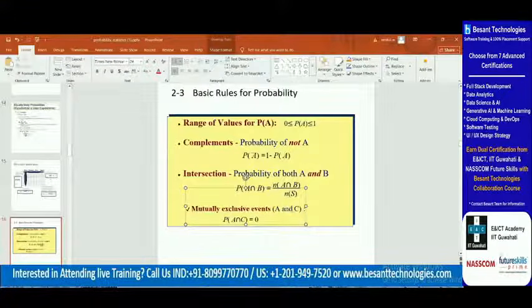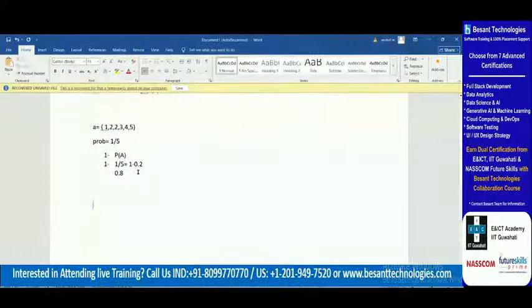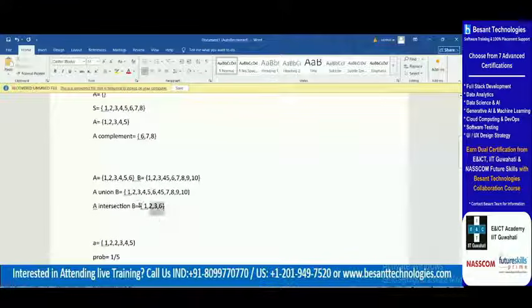We already performed this intersection. If I ask you for the probability, you have to denote it between 0 and 1. Now I can count the total number of things in the intersection, which is 1, 2, 3, and 4. 4 divided by the total sample space. So how many elements of sample space do I have here?